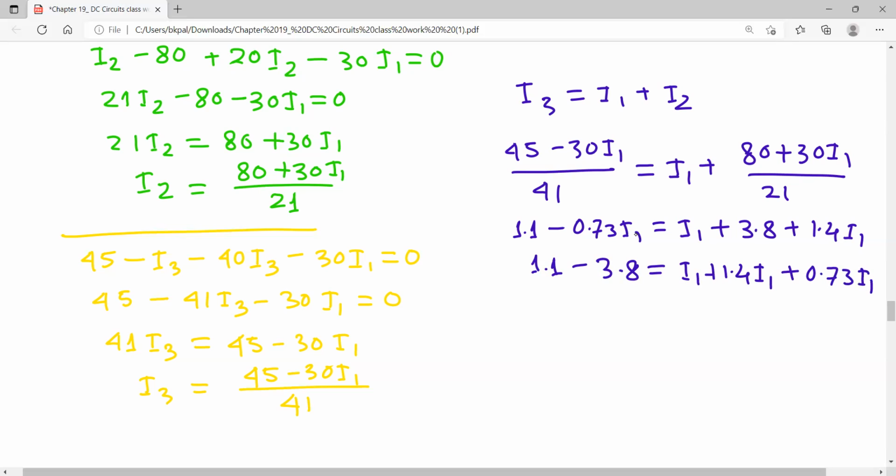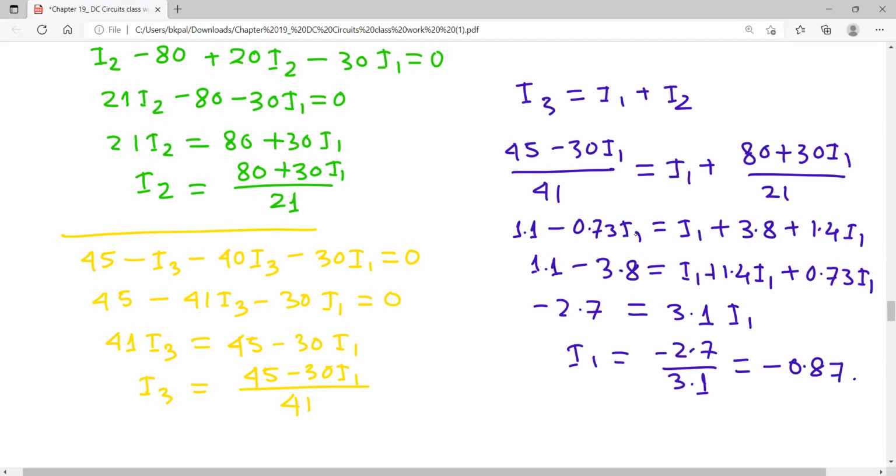This gives us minus 2.7, and on the other side I have 3.1 I1. So I1 is basically minus 2.7 divided by 3.1, and that is equal to negative 0.87 amp.